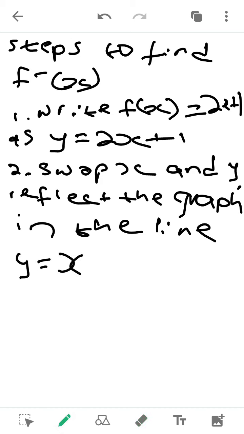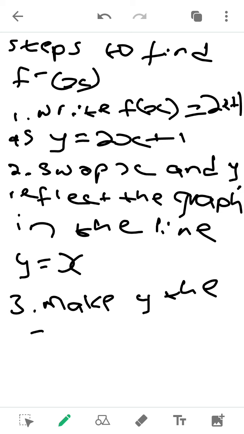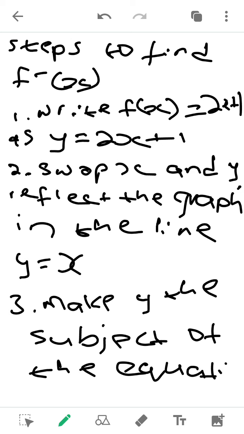And then the final step, you make y the subject of the formula, or make y the subject of the equation. So we're dealing with inverse linear functions, yes.